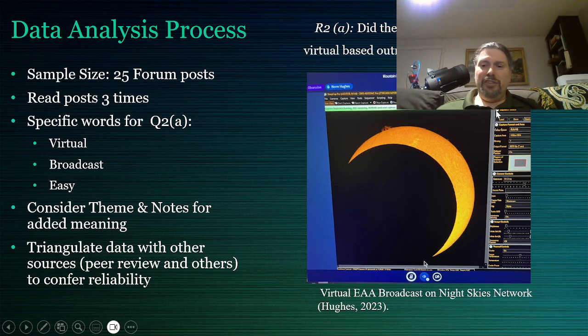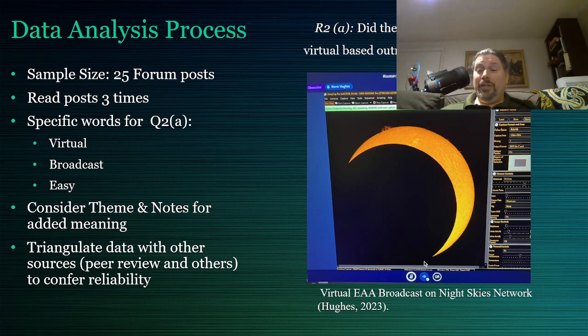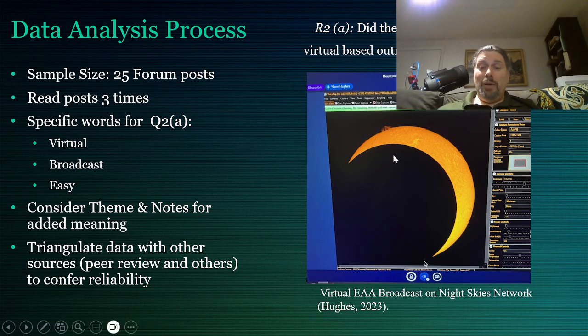He started this website some years ago, and anyone can get a membership. Everything's free, a membership to transmit if you want to broadcast something. And here, this is an annular eclipse back in October of 2023, during the daytime. This was in Arizona or possibly West Texas, but in that area, if memory serves.